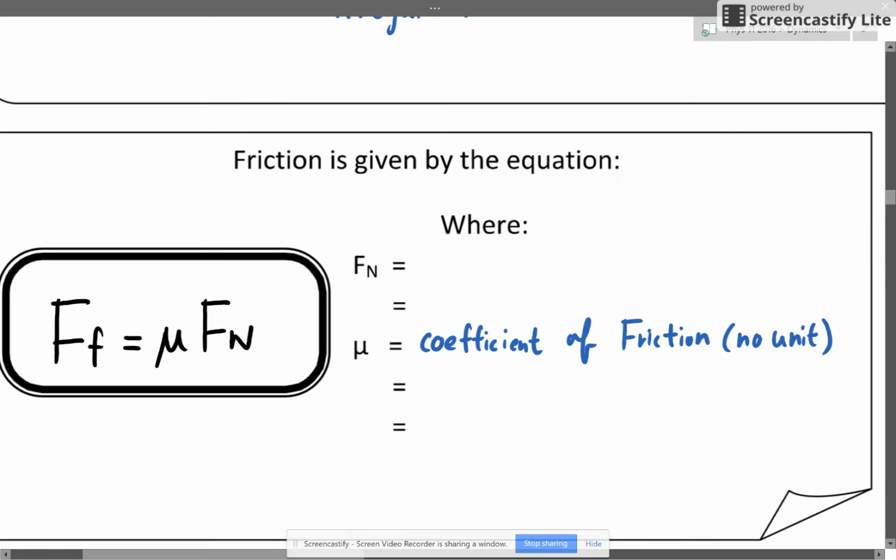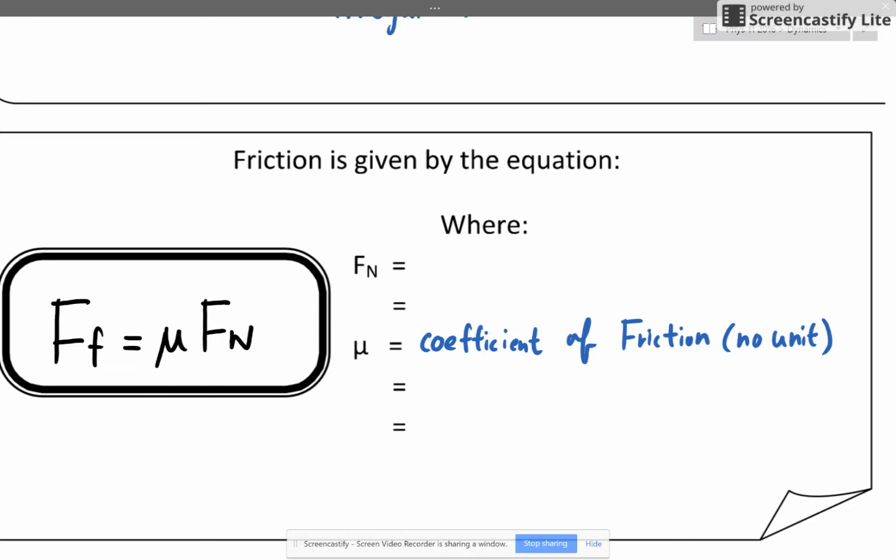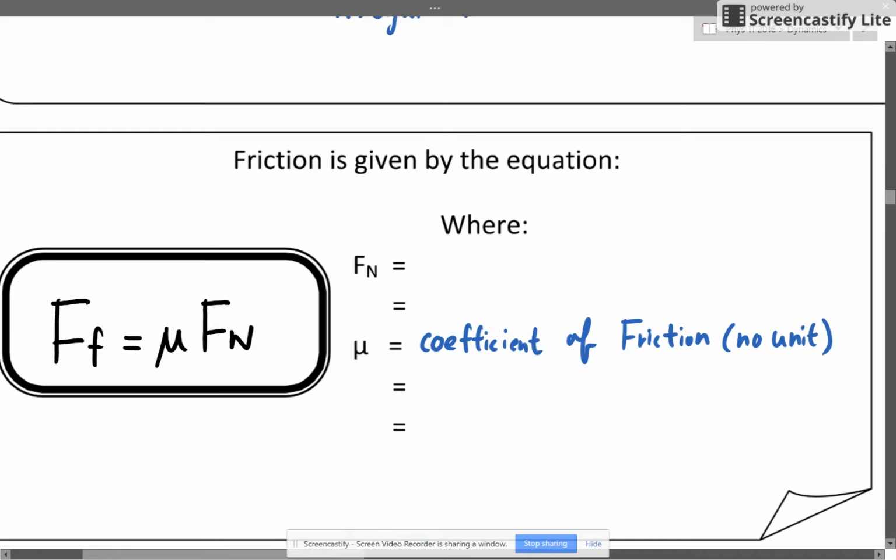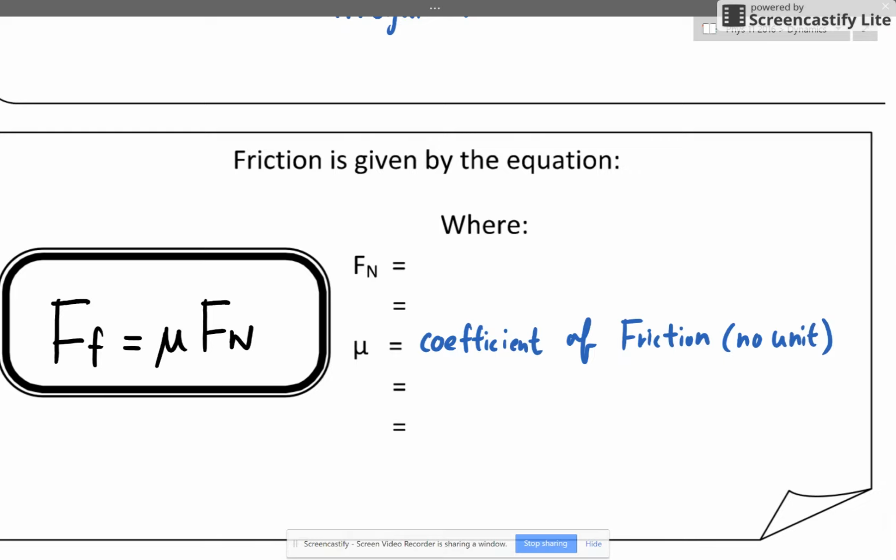For example, any two pairs of surfaces rubbing against each other are going to have a different coefficient of friction. For example, you can have a wooden table and you can put a plastic box on top. So now you have a surface between plastic and wood. Now when you try to push that plastic box on top of that table, you feel friction.